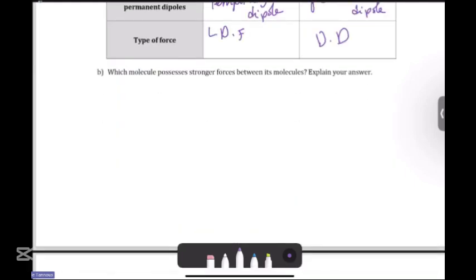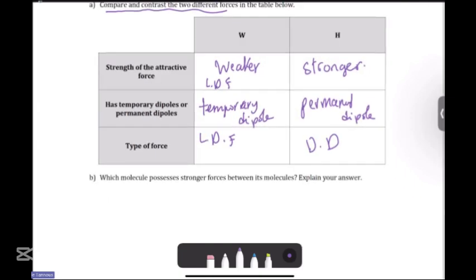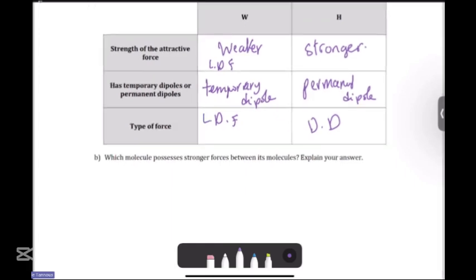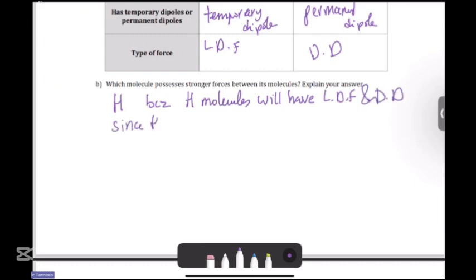Which molecule possesses stronger force between its molecules? Of course, the H one, because those molecules will have London dispersion forces and dipole-dipole since they are polar.